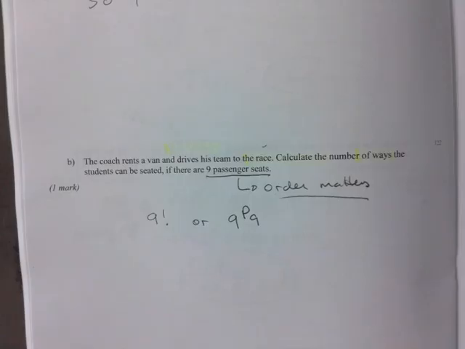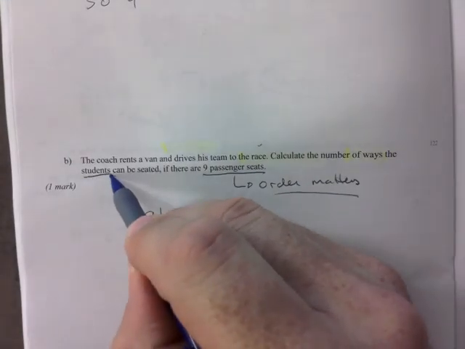This is assuming that, what if the coach has to drive? The coach has to stay seated. That'd be 1 times 8 factorial, right? And it does say the students.